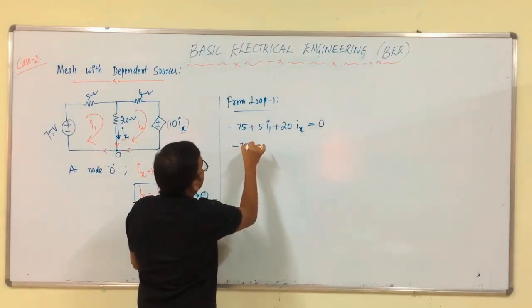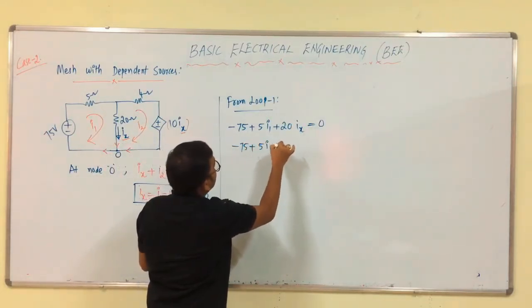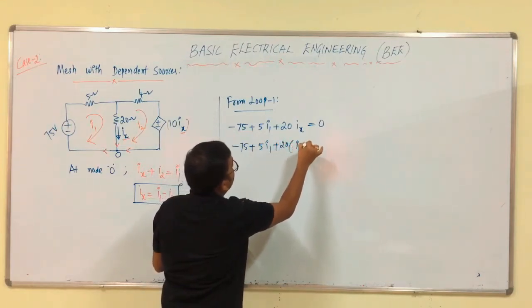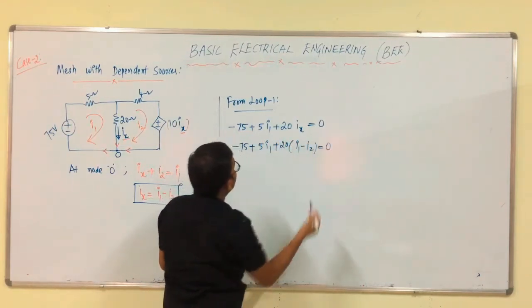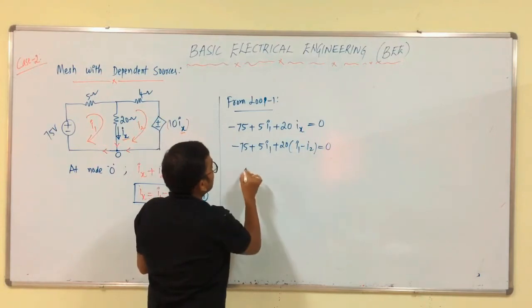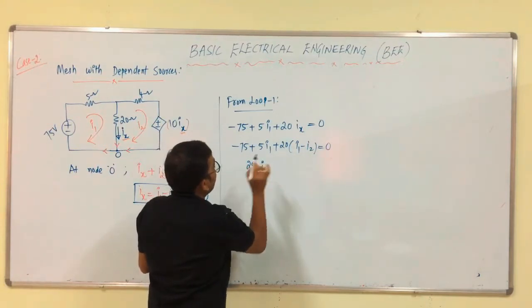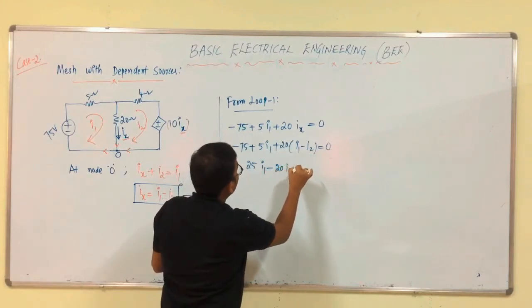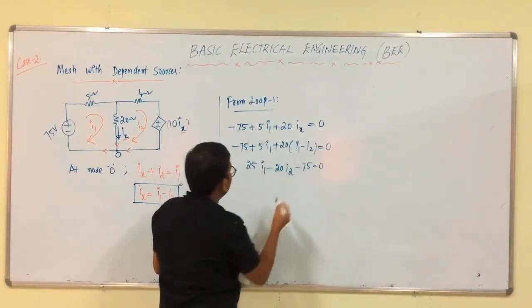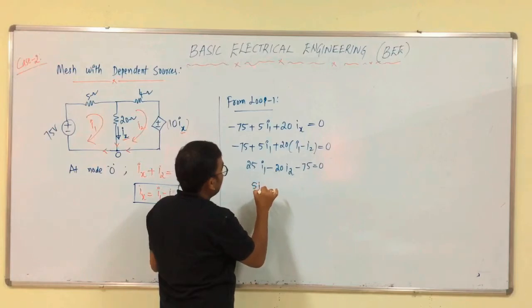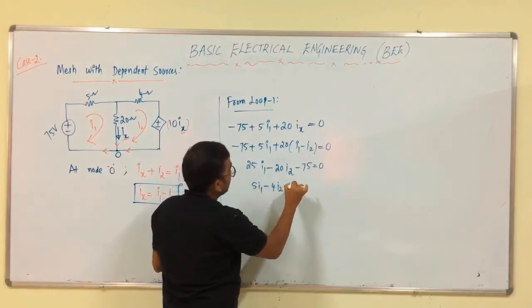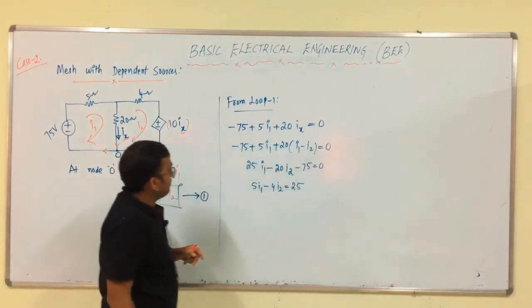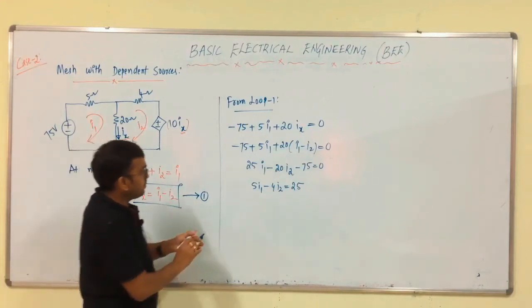So, minus 75 plus 5 I1 plus 20 into (I1 minus I2) equals 0. From this, 25 I1 minus 20 I2 minus 75 equals 0. That is 5 I1 minus 4 I2 equals 15. That is it. Okay.